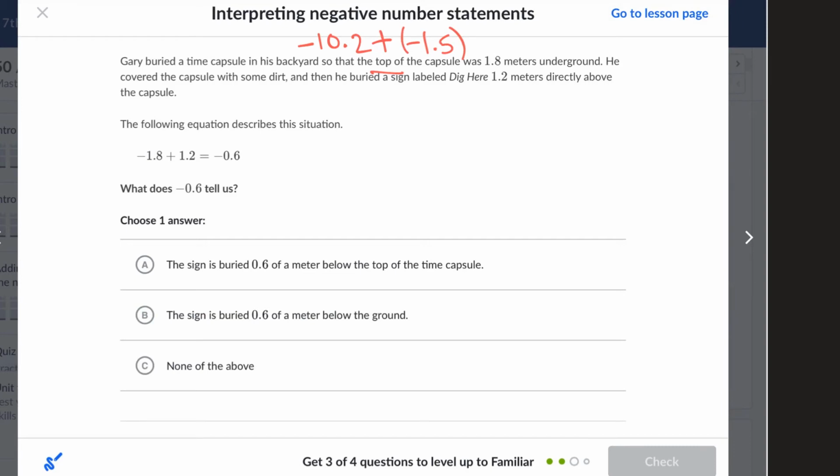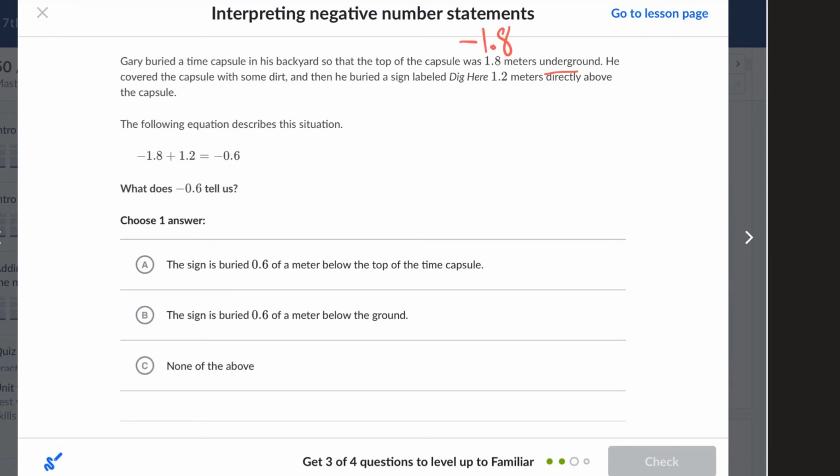Let's see. I'm going to erase this here. And let's see what else we got. Gary buried a time capsule in his backyard so that the top of the capsule was 1.8 meters underground. Okay, so underground means it's going to be negative 1.8 meters.